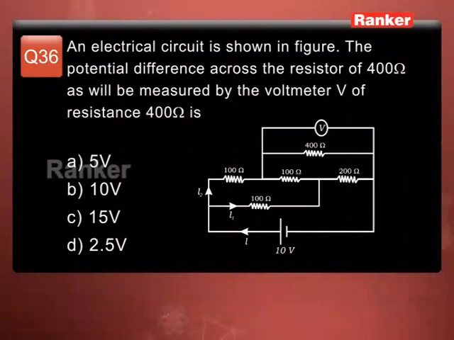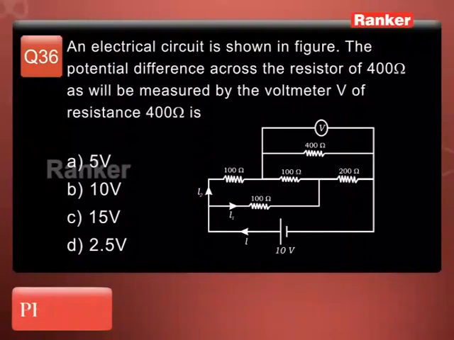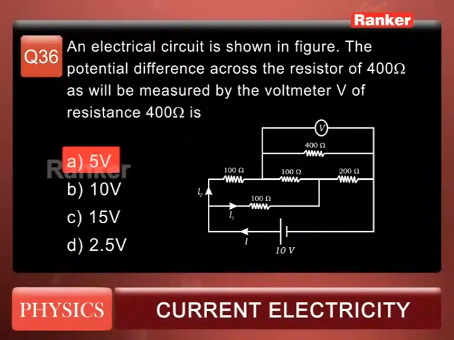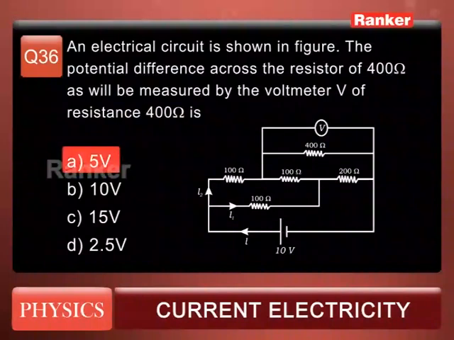As usual, 4 options are given here. One is 5 volt, the first option. Second option 10 volt. Third option 15 volt. And fourth option it's 2.5 volt. The correct answer for this one is 5 volt. That is the first option.